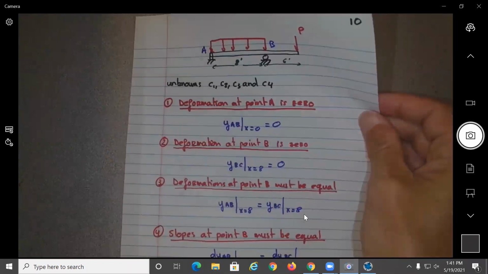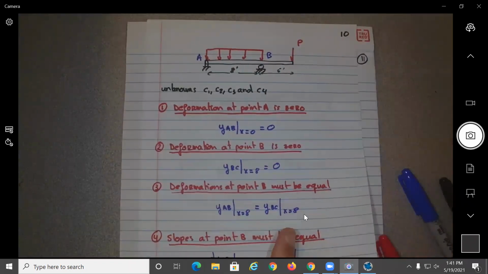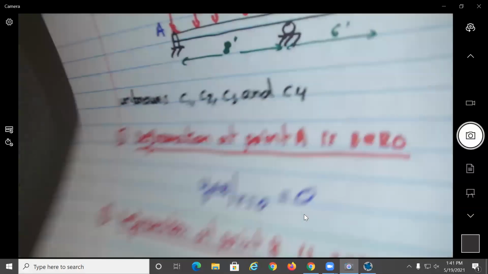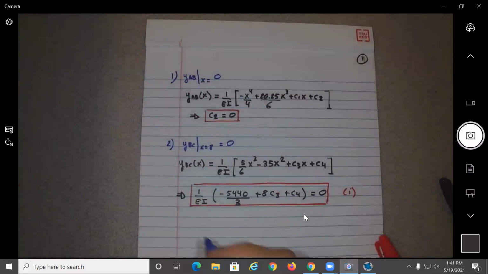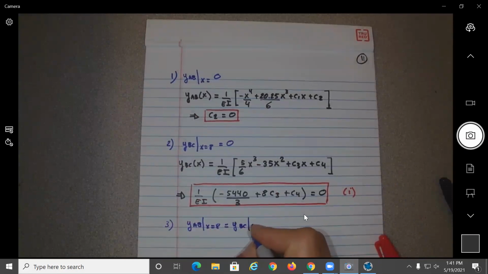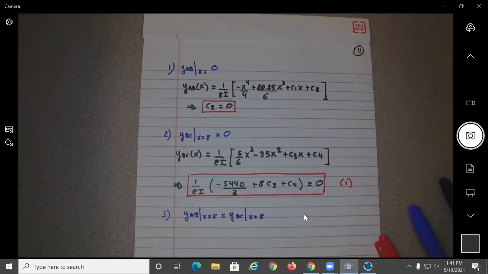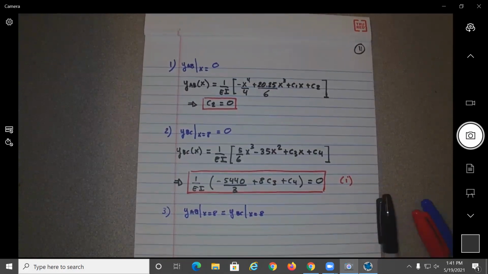What should be the third boundary condition? Deformation at point B must be equal from the two deflection curves. So that means that we need to have y of AB at x equal 8 equal to y of BC at x equal 8. I'm not going to write the two equations, I'm just going to do it on the Maple.